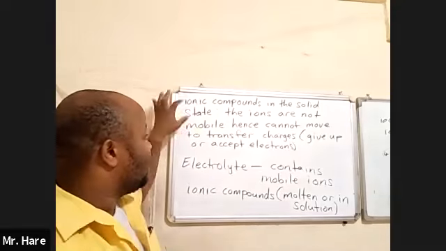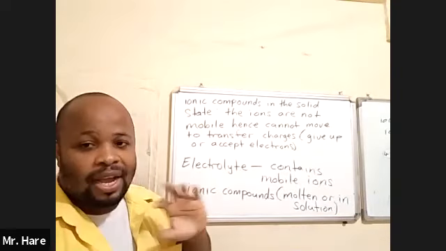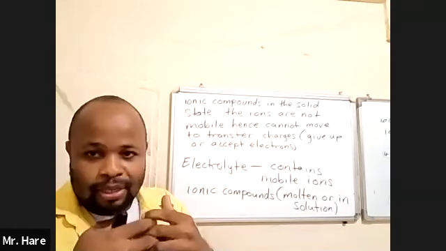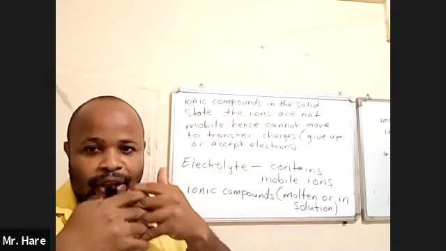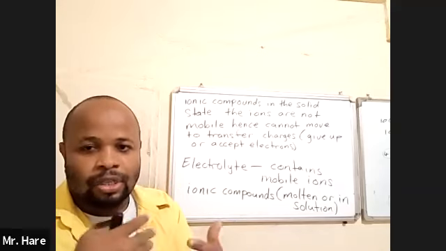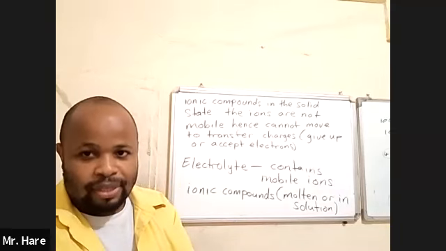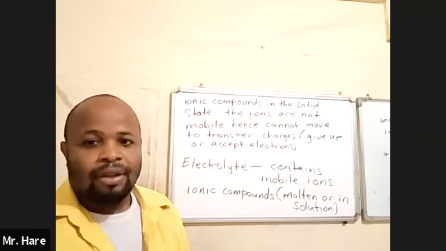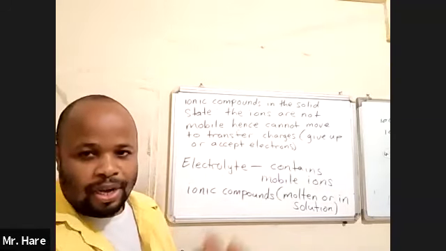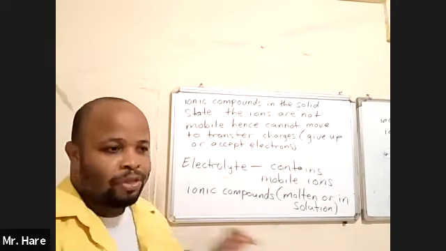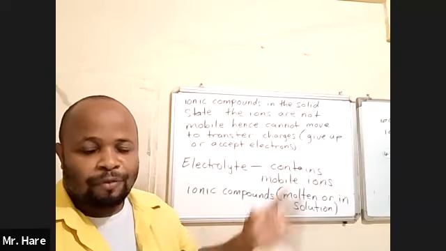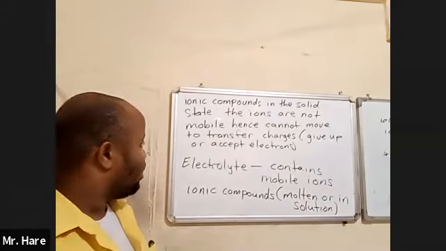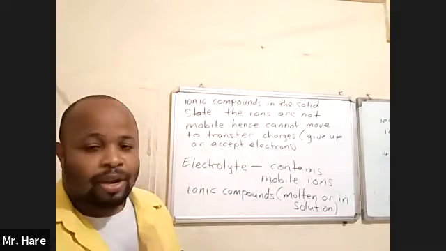But in the solid state, the ions are not free to move because they are still held in the ionic bond that was formed. So if the ions are not free to move, they cannot move about, collect an electron, or move to the anode to give up an electron.